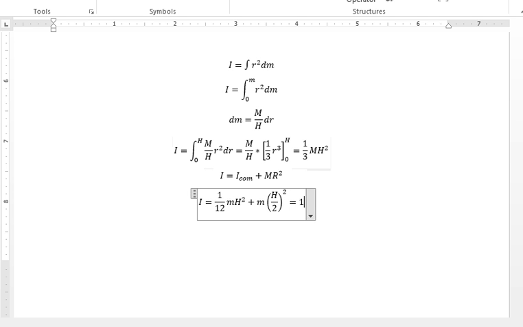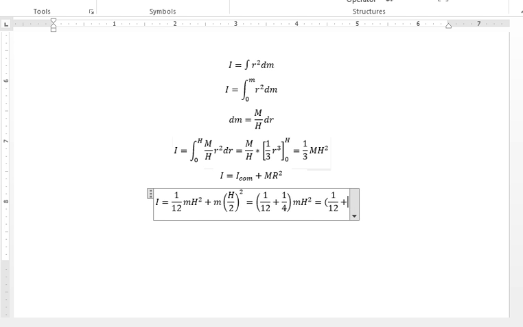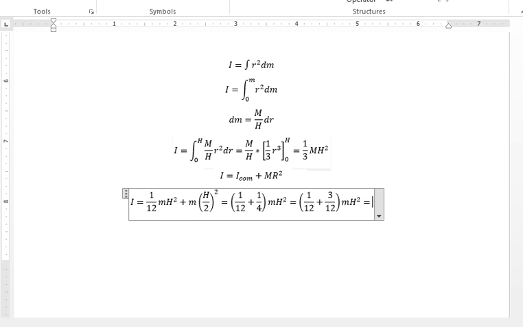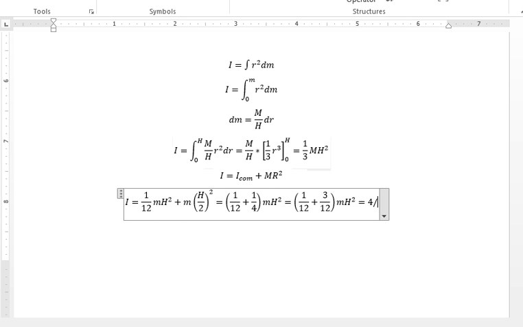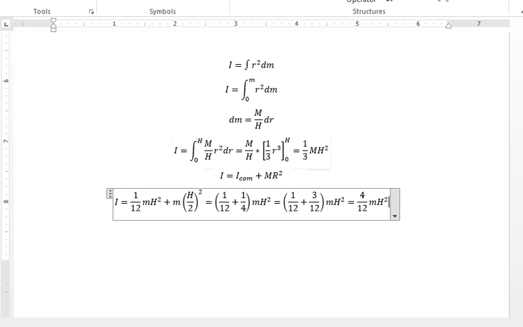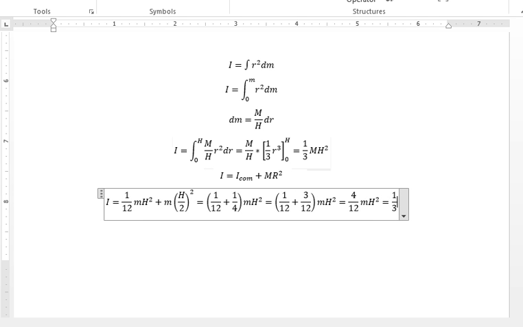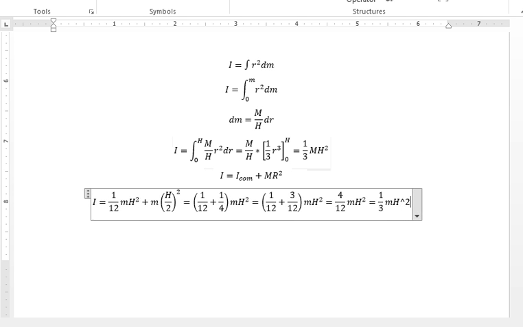So we've got 1/12 plus 1/4 times mh squared, which is 1/12 plus 3/12 mh squared, which is 4/12 mh squared, which is 1/3 mh squared.